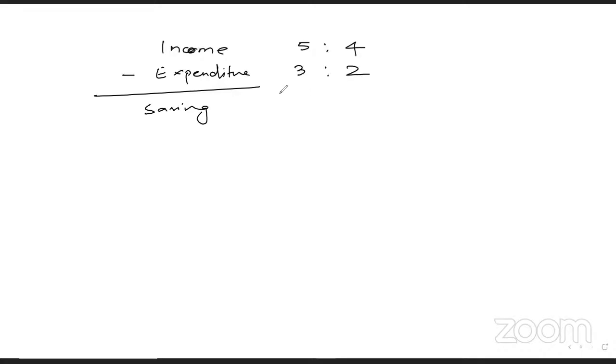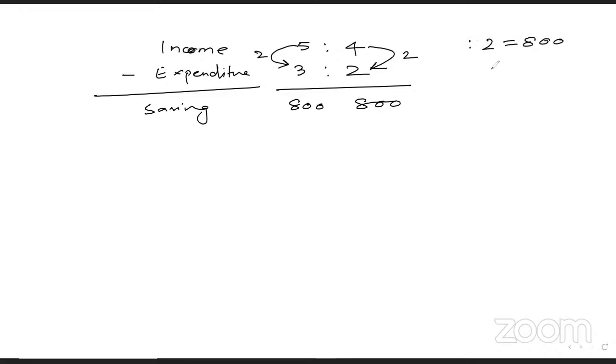And saving is 800 each. Now understand. What is the ratio difference here? 2. And what is the ratio difference here? 2. And that ratio difference is just because of this. So I can say value of ratio 2 is 800. So ratio 1 value is 400.